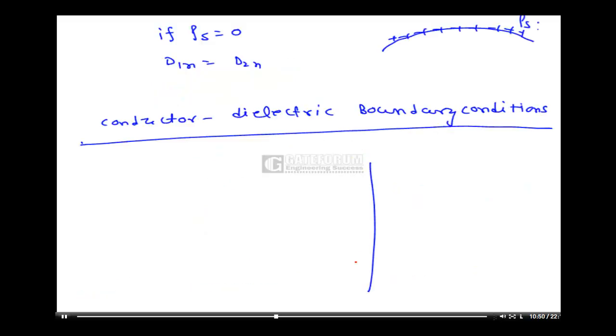So medium 1 is a conductor, medium 2 is a dielectric. Conductor means perfect conductor. I am assuming sigma is equal to infinity. E field is 0. We already discussed, in a conductor, electric field is 0. So this implies D is equal to 0.